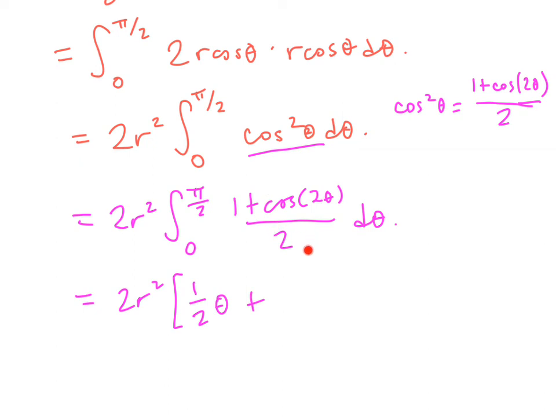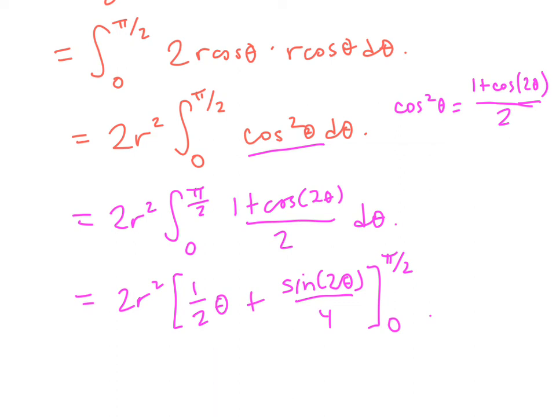I already have a factor of 1/2 here, so that's going to be sine of 2 theta over 4. And then we're evaluating at 0 and pi over 2, looking for the change in this function between 0 and pi over 2.